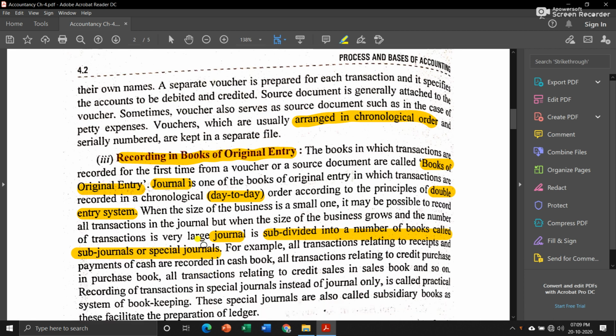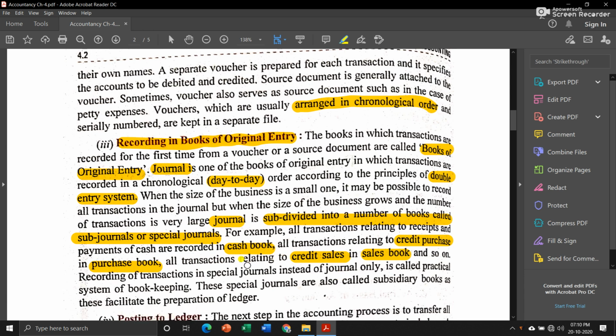Now let us see some examples of sub journals. All transactions related to receipts and payments of cash, that is, all those transactions for which we paid or received cash, will be recorded in the cash book. Only cash transactions are recorded in the cash book. All the transactions related to credit purchases are recorded in the purchase book. There will be one separate book for purchases in which we record all the credit purchases, not cash purchases. In a similar manner, all credit sales will be recorded in the sales book, and so on.